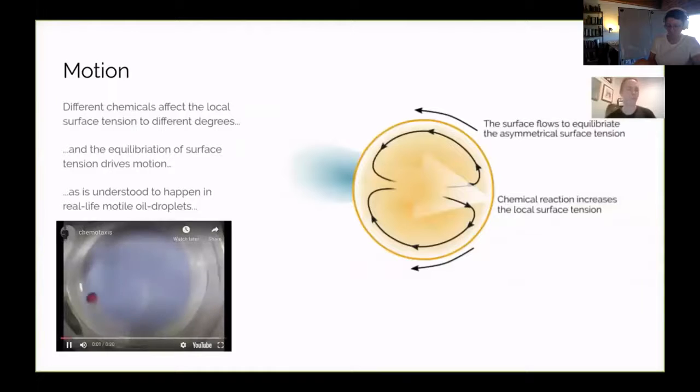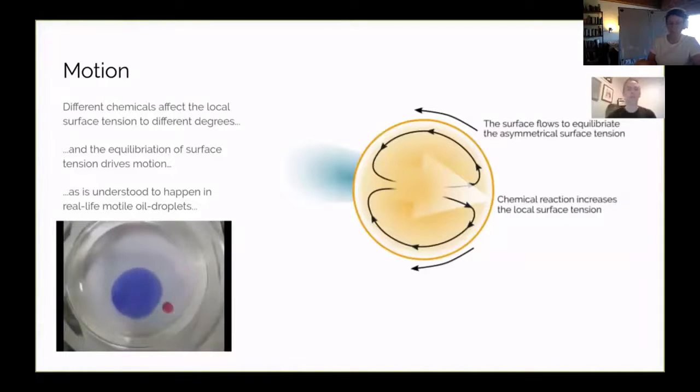Finally, the motile oil droplets need some way of moving, and we do this in the way that we understand the motility to occur in real-world motile oil droplets, which is we track the flow caused by the equilibration of surface tension, and we impart a force that's tangential to that flow that causes the droplet to move.